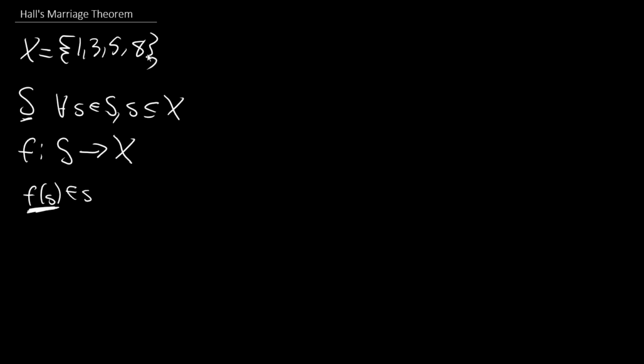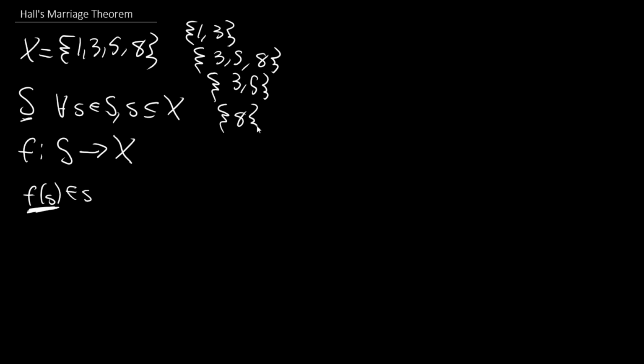So as an example, for our set X here, if we had the subsets {1, 3}, {3, 5, 8}, {3, 5}, and {8}, then we could say that f of this equals 1, f of this equals 3, f of this equals 5, and f of this equals 8.